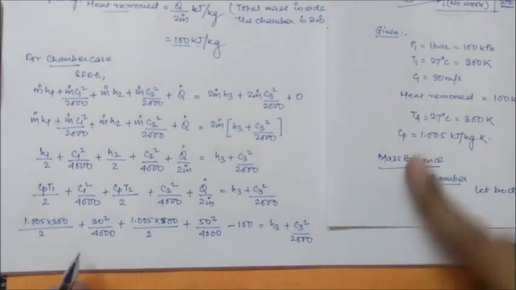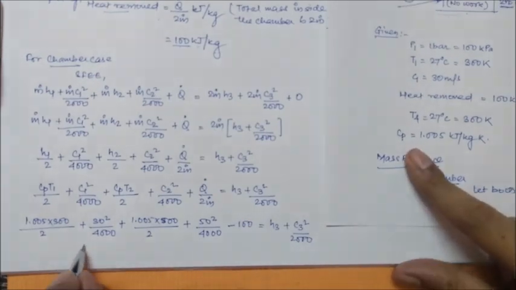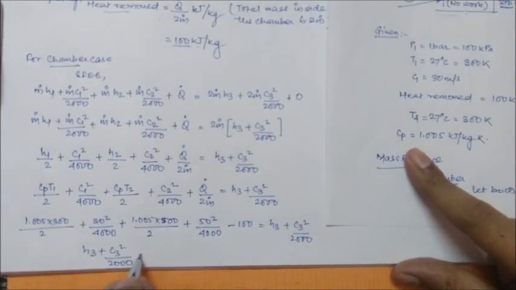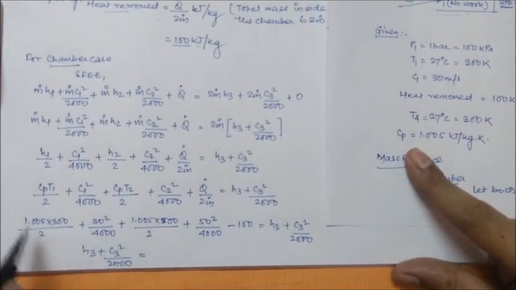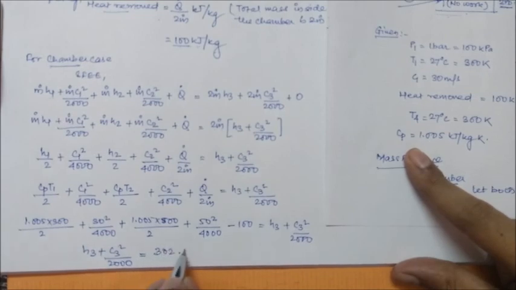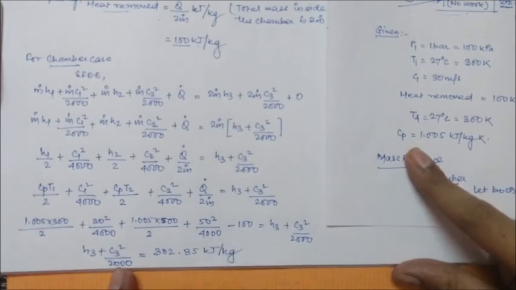So you can get here that H3 plus C3 square by 2000 is nothing but the value of this. So it comes as 302.85 kilojoule per kg. So we got this.